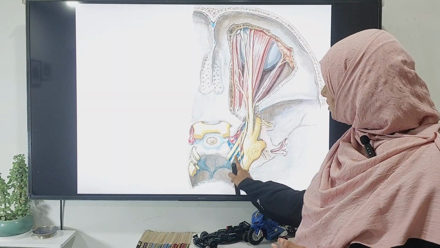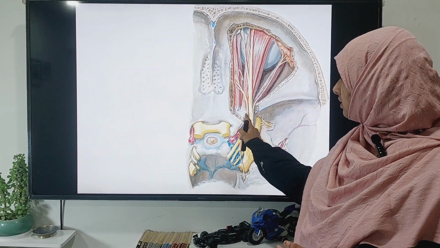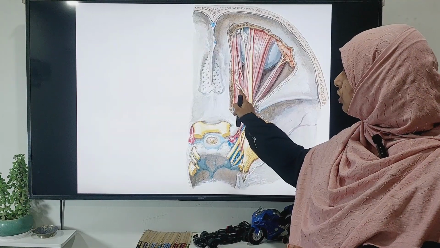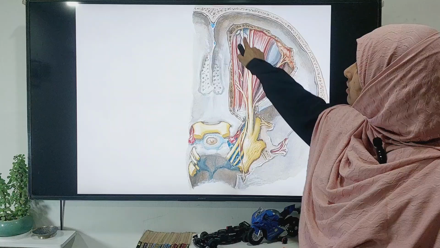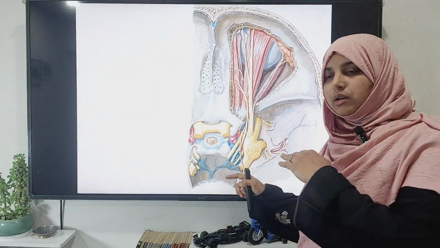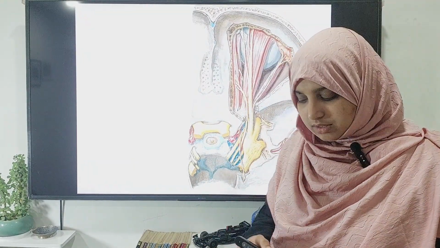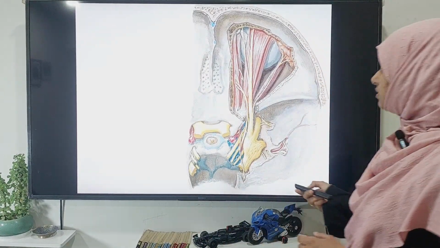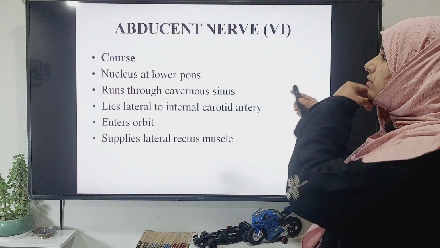It enters just medial to the ophthalmic division, lies on top of these muscles, and supplies the superior oblique muscle. You can again see the pulley. This is one of the nerves you will get in the most superficial plane if you're doing a surgery. Next nerve is the abducent nerve, the sixth cranial nerve.